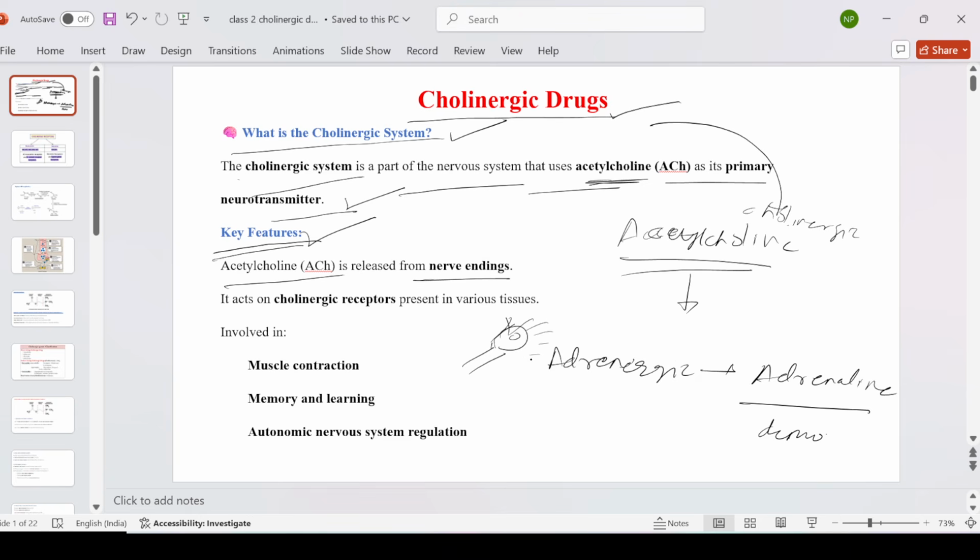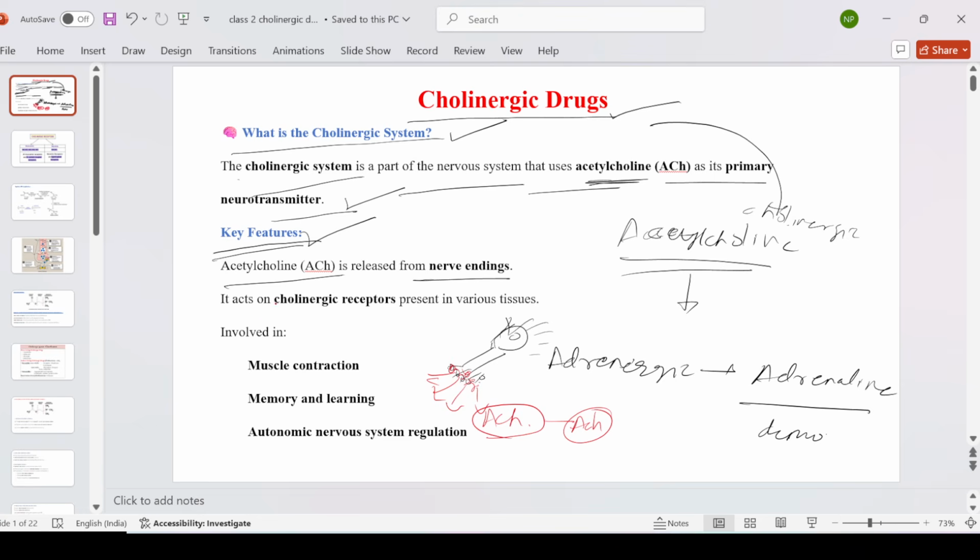Now this is nerve ending. So acetylcholine, which we denote by this symbol ACH, is released from this nerve ending.